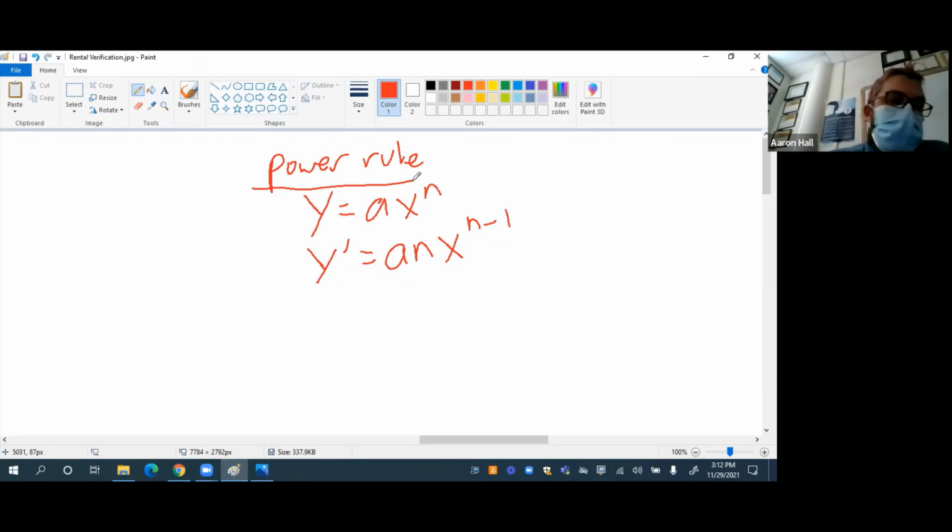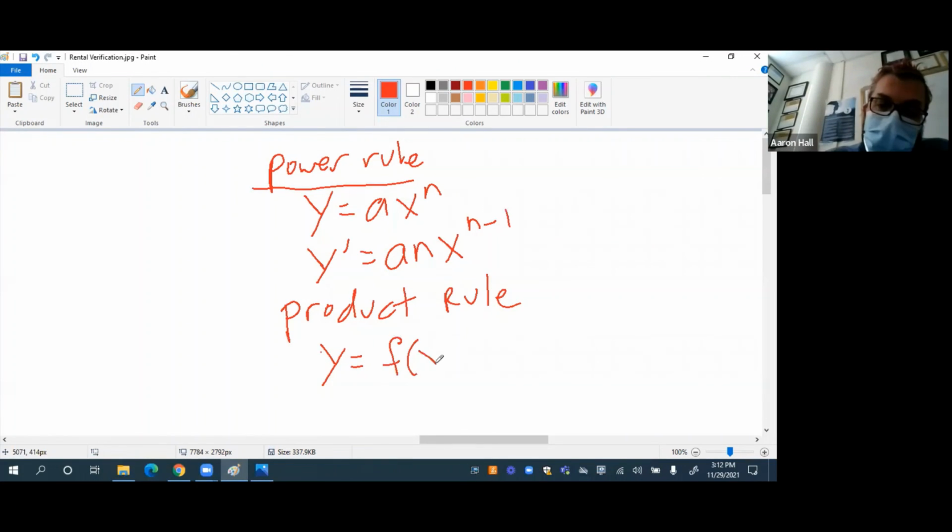Good. We also have what is called the product rule. The product rule means that I have a function times another function. My function is made up of the product of two functions.